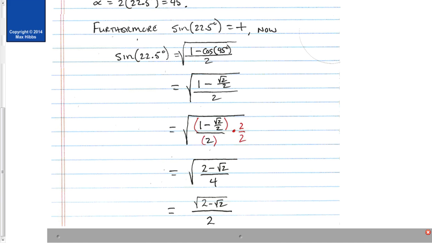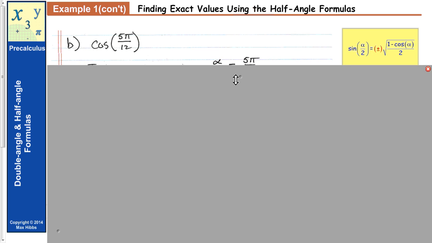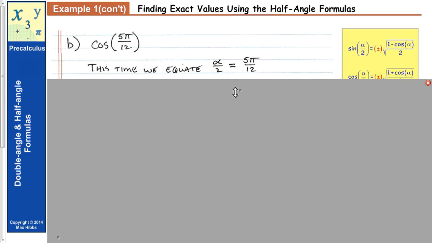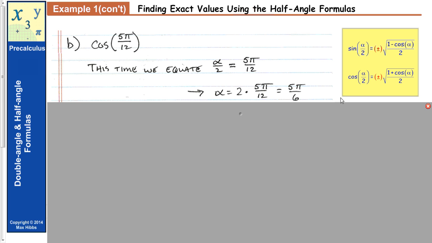Now we move to B part, which was to find the cosine of an angle 5 pi over 12. This is similar to what we just did. If we're going to use a half-angle formula, what we're thinking of is the formula cosine of alpha over 2, which means that the 5 pi over 12 is really our alpha over 2.